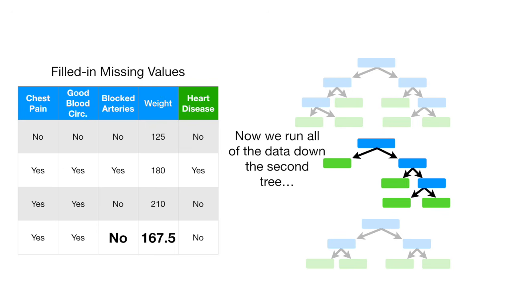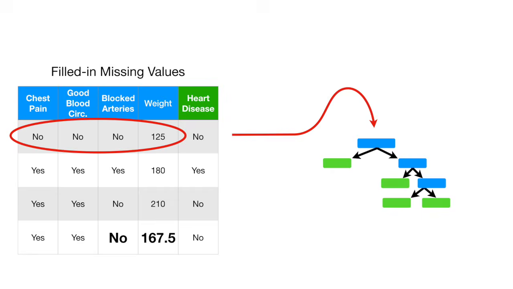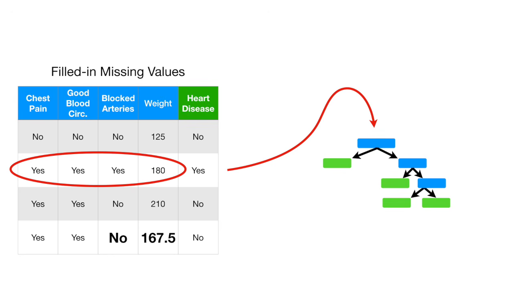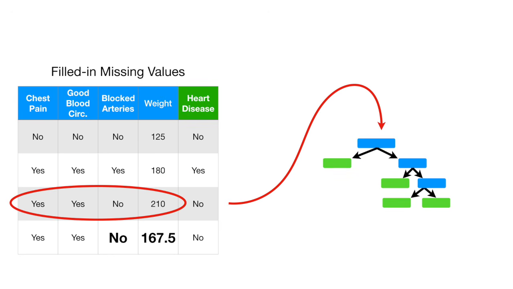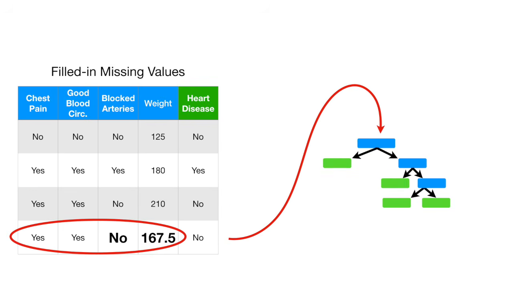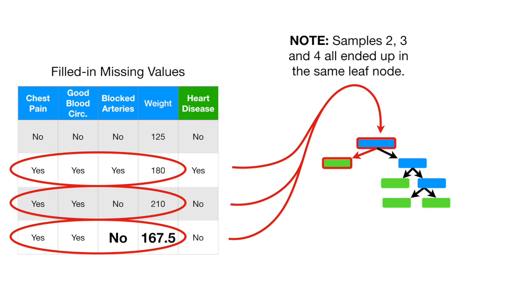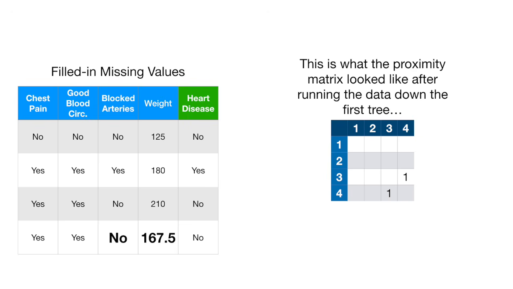Now we run all of the data down the second tree. Note, samples 2, 3, and 4 all ended up in the same leaf node. This is what the proximity matrix looked like after running the data down the first tree.